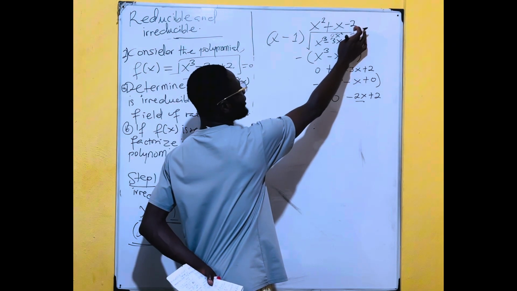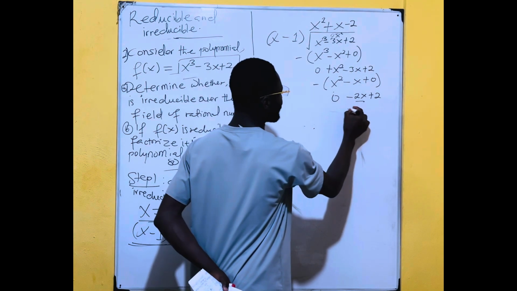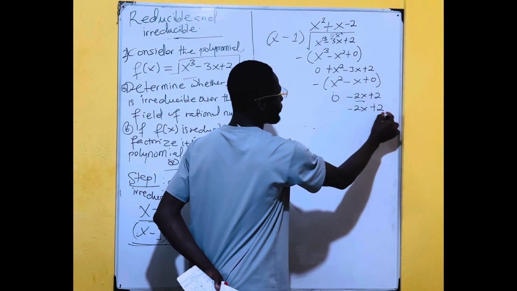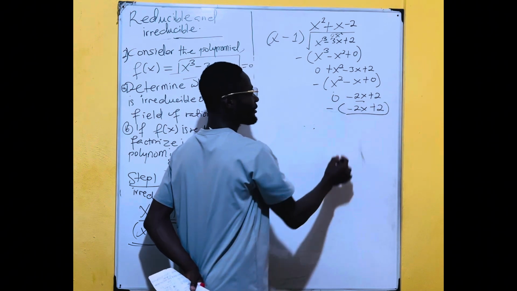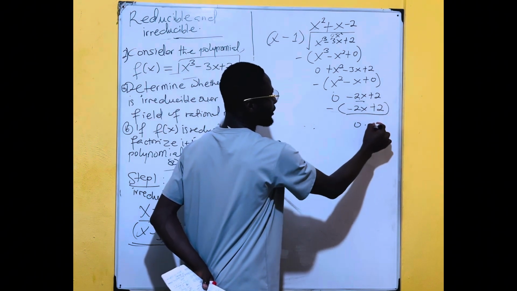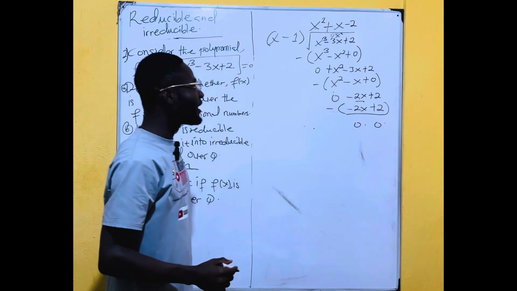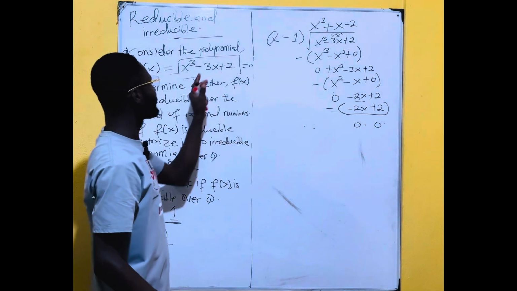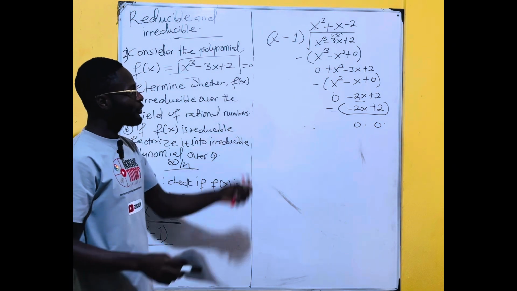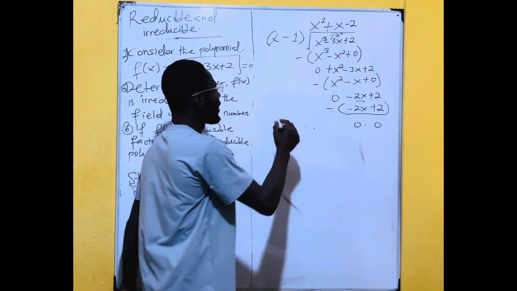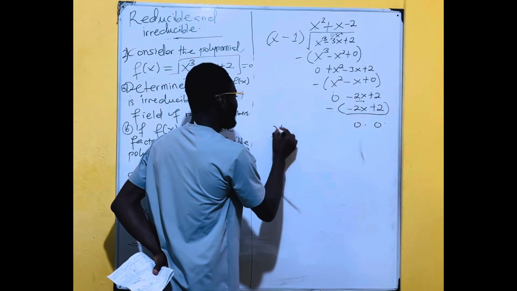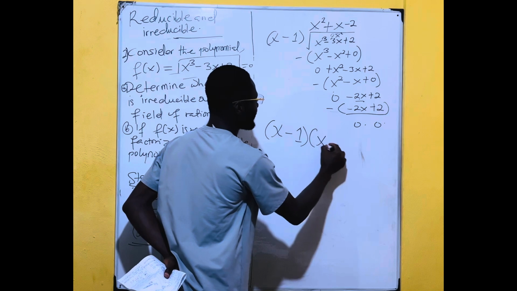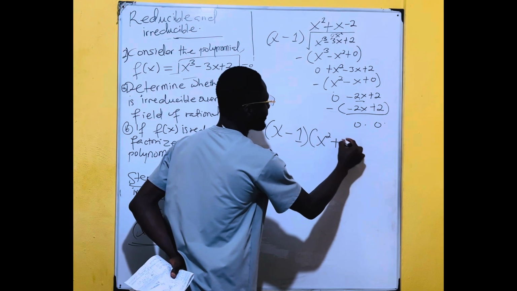This is the last element. Multiply everything. You have minus 2x, this plus 2. Subtract. This, you get 0. This, you get what? 0. So it's truly that x minus 1 is a factor of this particular polynomial. So now our expression becomes x minus 1 times x squared plus x minus 2.